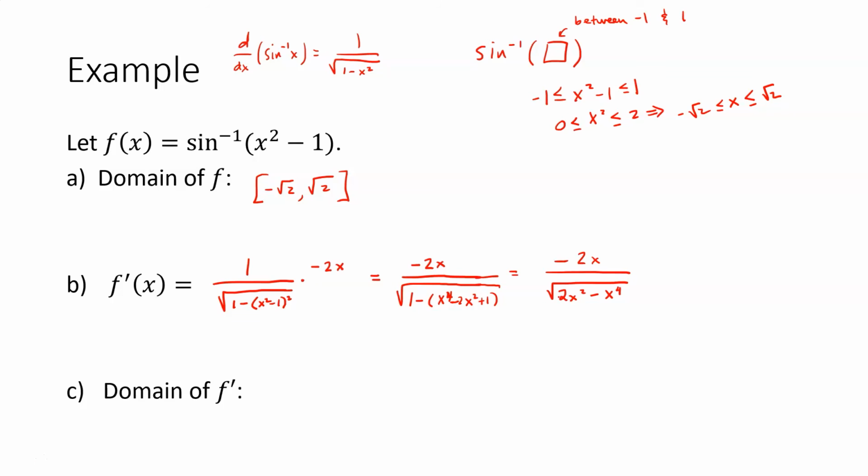So for instance, if I substitute in plus or minus radical 2 for x, you're going to get 0 in the denominator. So it's undefined at the endpoints. So it's not differentiable at the endpoints, but it is differentiable in between. So we'll get a positive value inside the square root whenever x is between those values. So it'll be the open interval from negative square root of 2 to positive square root of 2.